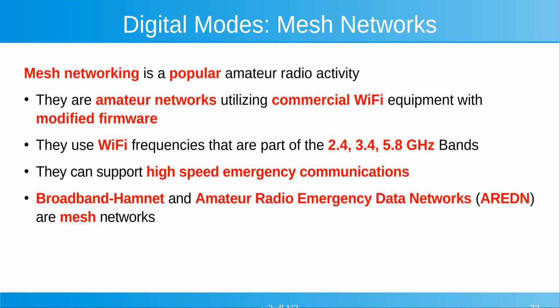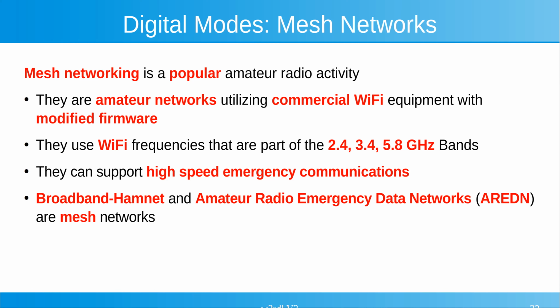Oh, yeah. Basically, you take a commercial Wi-Fi router and modify it with different firmware, and use it to create your own little, what we call a mesh network, where they're all interconnected.